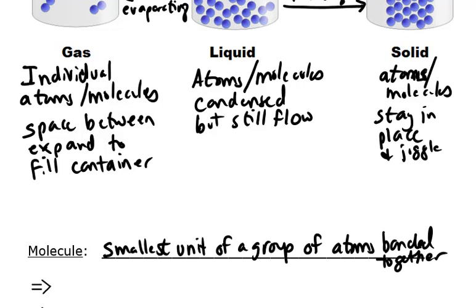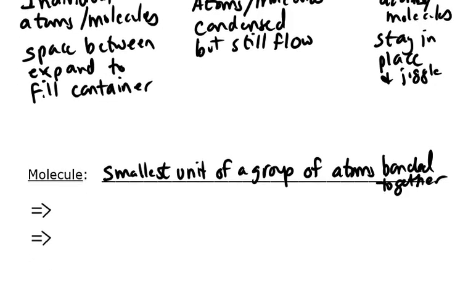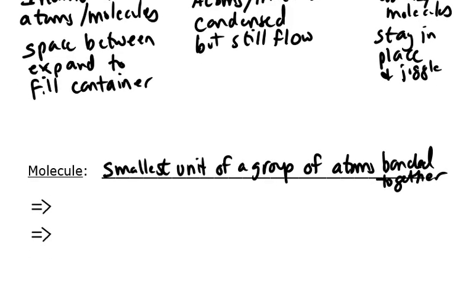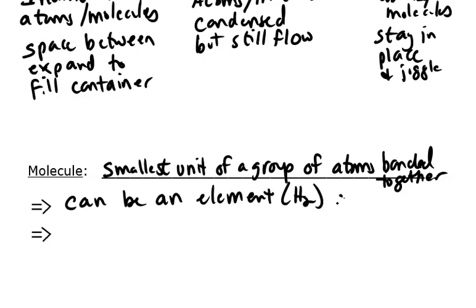That's similar to a compound, except that it doesn't have to be different elements. So it can be an element, such as one of the diatomics, like H2, or it can be a compound, such as H2O, water.